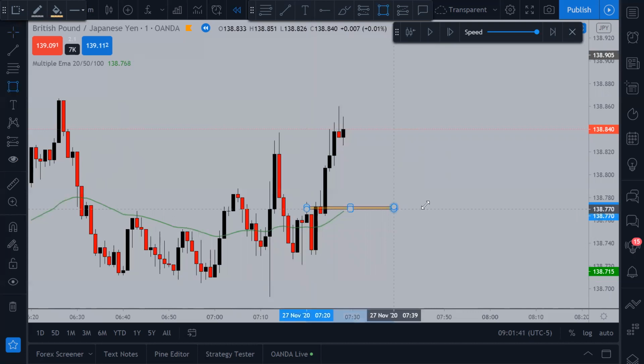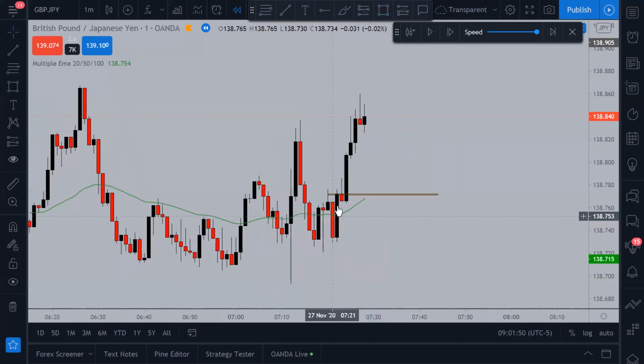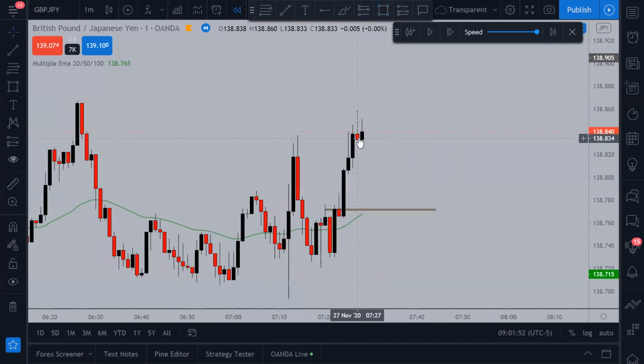So I just want to make a mental note of that, and I want to mark it up. When I start to see these breaks, I'm saying, okay, as soon as price turns around, that's where I want to start measuring, and I break out my Fibonacci.